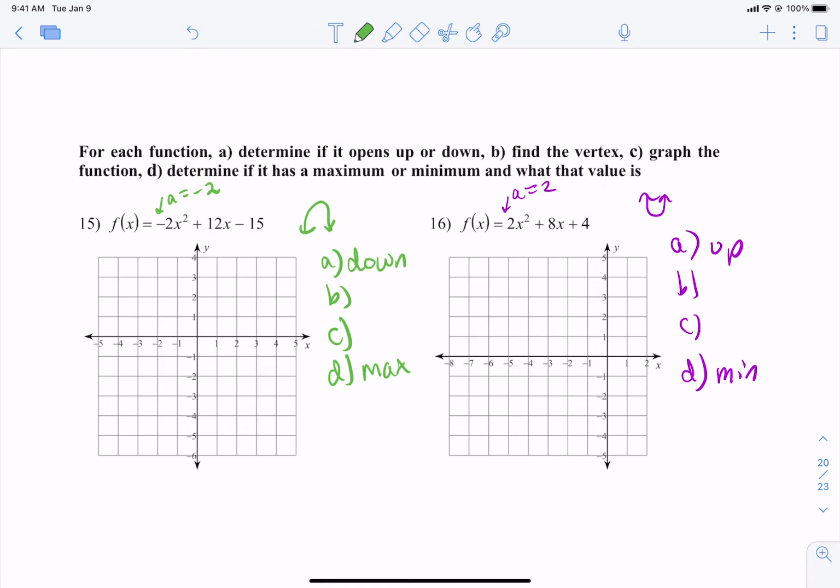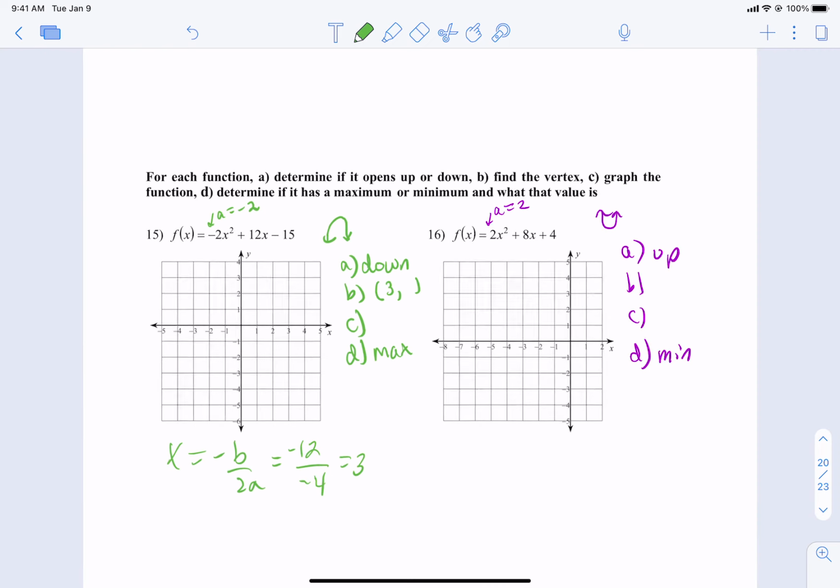Now the next thing you want to do is find the vertex. So we're going to do -b over 2a. So our b value is 12, so take the opposite of that, and then double a. A is -2, so double that's -4, so x is 3. So I know that the vertex is 3 something, but 3 what? Well, we're going to have to plug in 3.